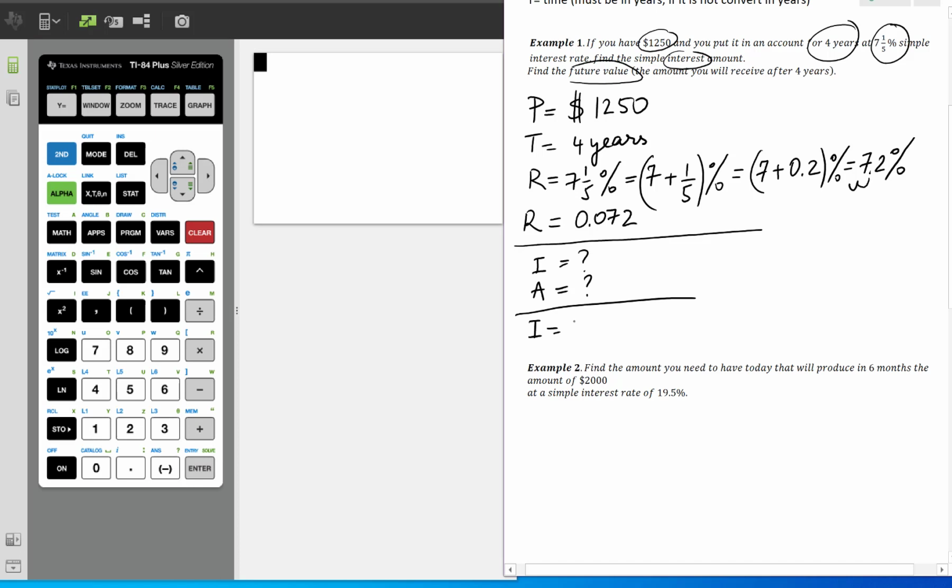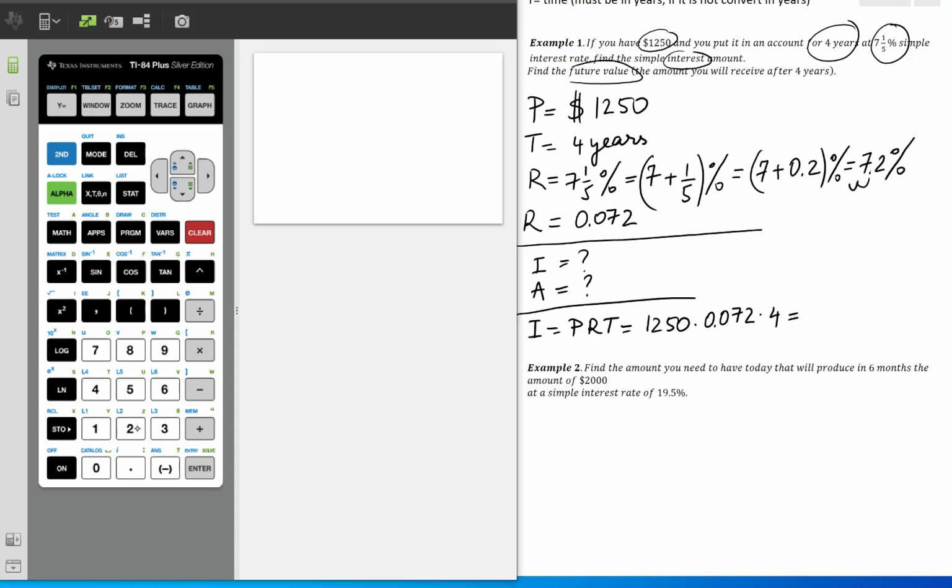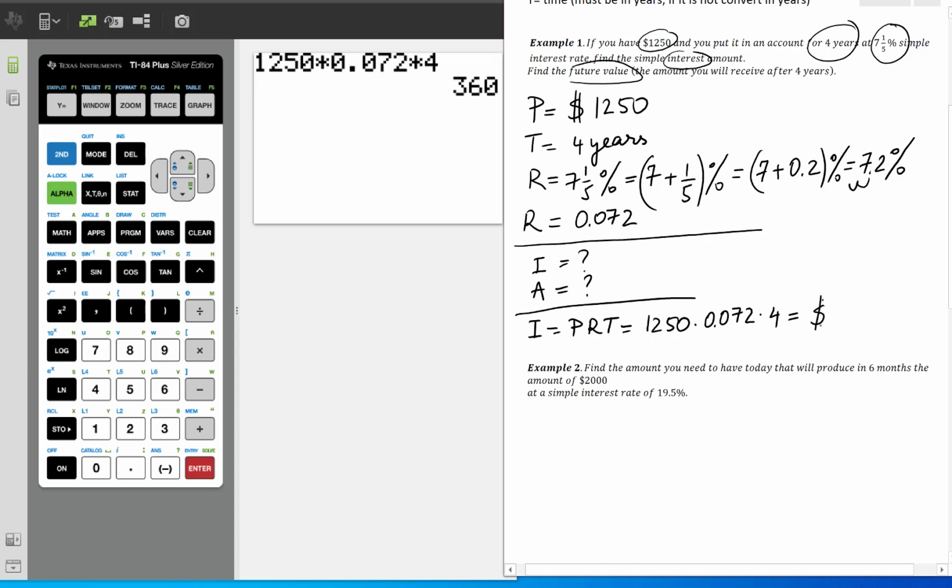So I equals PRT. P is 1,250 times R, which is 0.072, times 4, which is the years. I'm going to use the calculator to compute that: 1,250 times 0.072 times 4, enter, and the interest amount is 360.